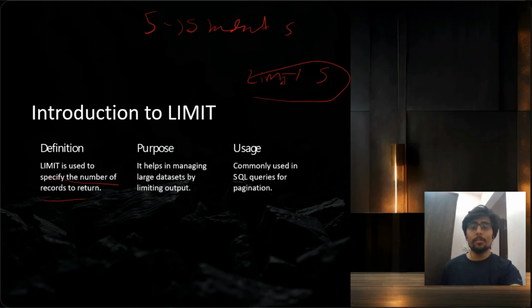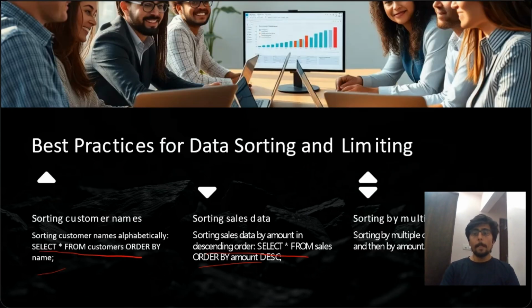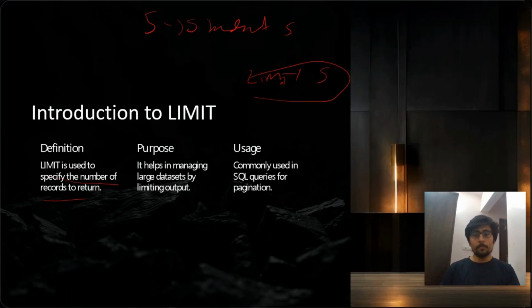But try to avoid some mistakes in order by that we haven't discussed so far. If you don't specify ASC or DESC clearly, it can be a mistake, so try to use it correctly. If you make a little spelling mistake, it will again be an error, so try to avoid this. And don't sort on a non-indexed column in a large table.